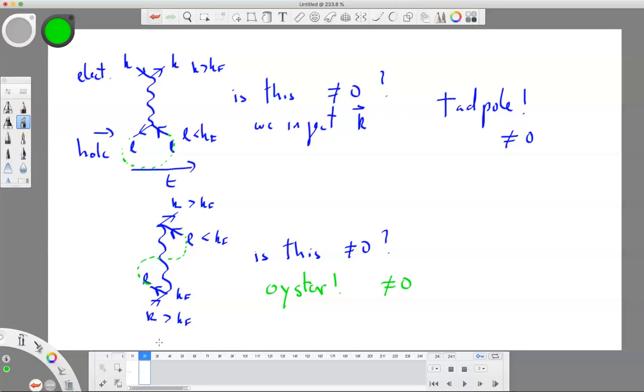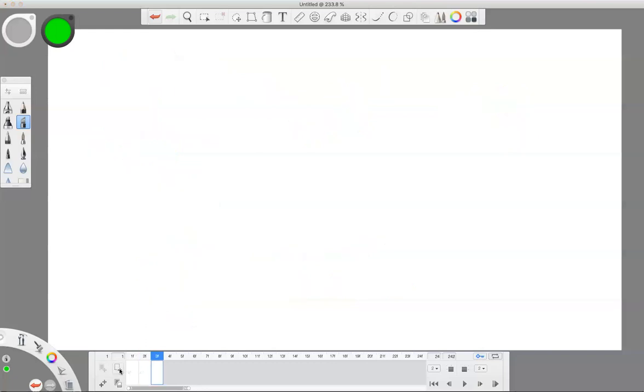Let's see another example. This is an interesting example. Okay, what if I have this guy? I have diagrams of all kinds of colors here.